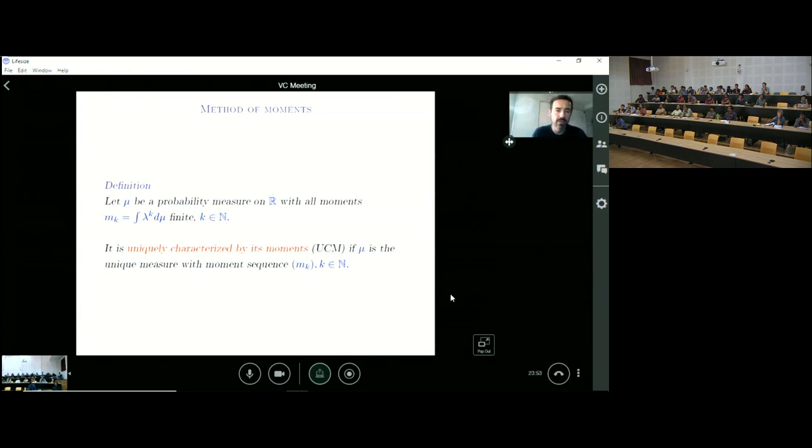You consider a probability measure which has all moments finite; I will denote them by mu k. You say that this measure is uniquely characterized by its moments if it is the unique measure with exactly this moment sequence.